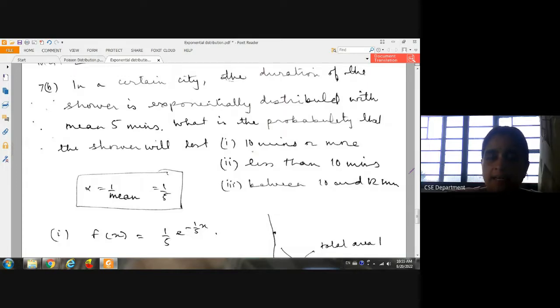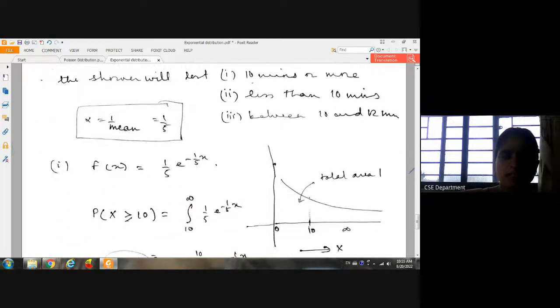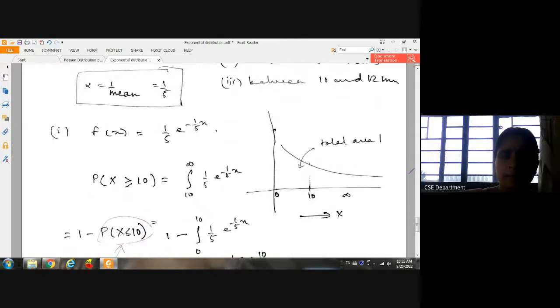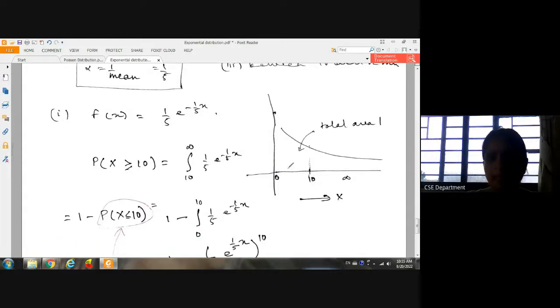Less than 10 minutes? Between 10 and 12 minutes? You can see this problem and the previous problem have changed context, but the numbers are all the same. So it's absolutely the same calculation, same answers. Mean is also given as the same 5. So alpha is 1 by 5.